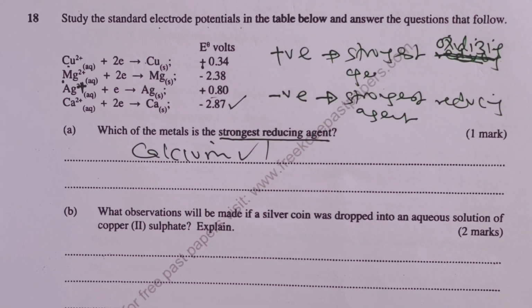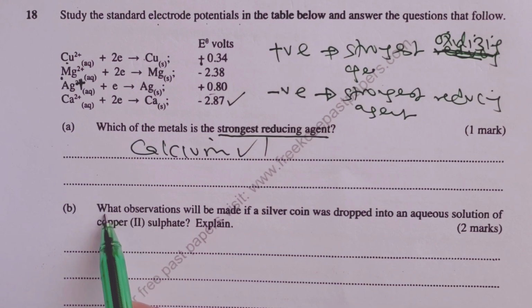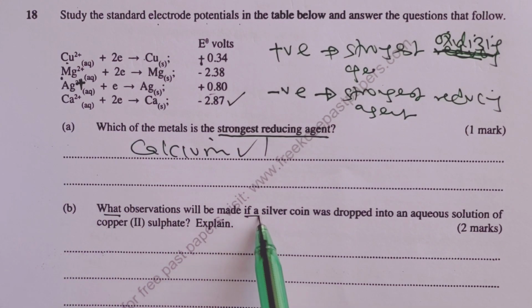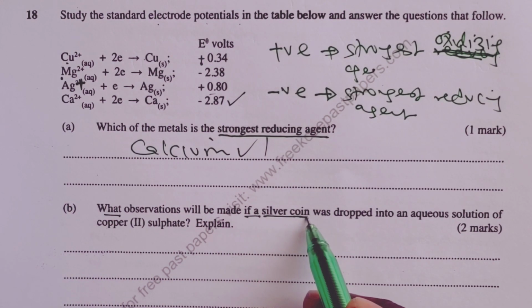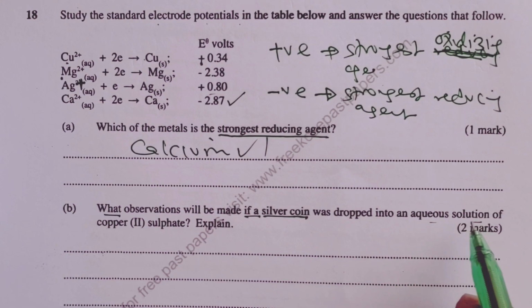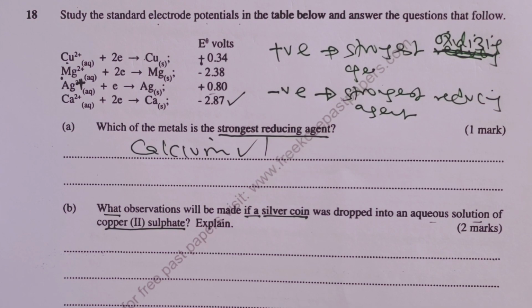Part B. What observations will be made if a silver coin was dropped in an aqueous solution of copper 2 sulfate? Now, this question can be answered from two fronts.